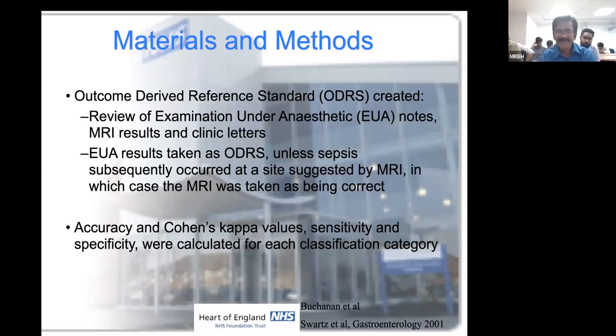They would compare the MR against EUA under anesthesia as the gold standard. So what we had to describe is that no, it is not the examining finger. So MR is not false positive. MR is true positive. Your examining finger is false negative. Therefore, the outcome derived reference standard is the combination of the EUA and the MRI. That is the reference standard to which we should compare.